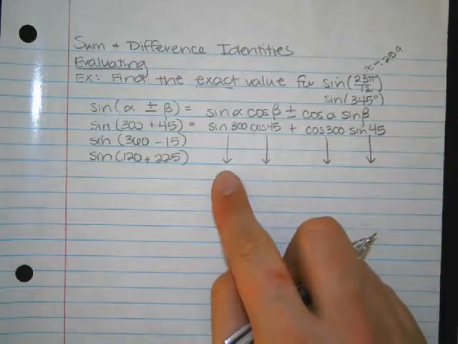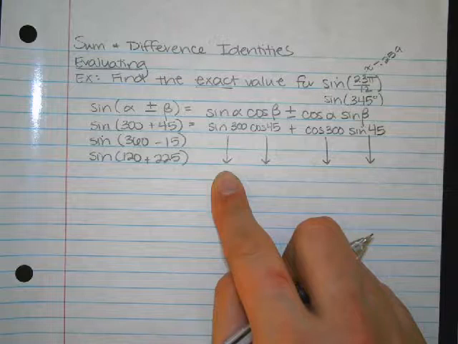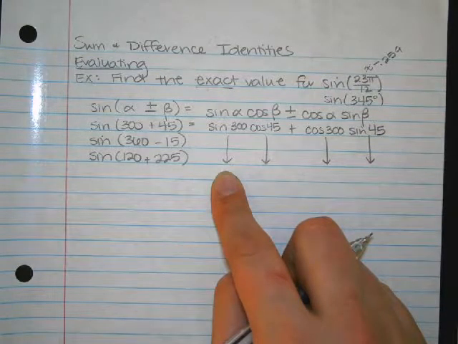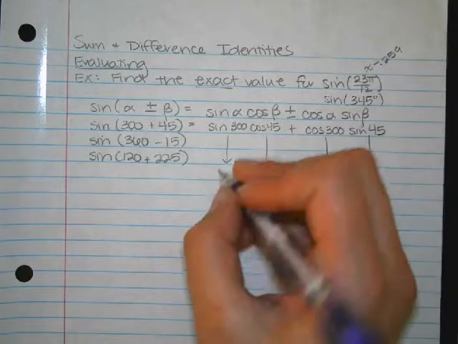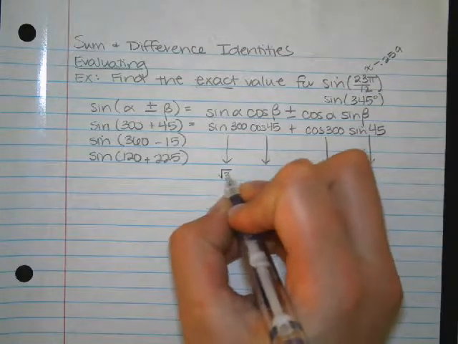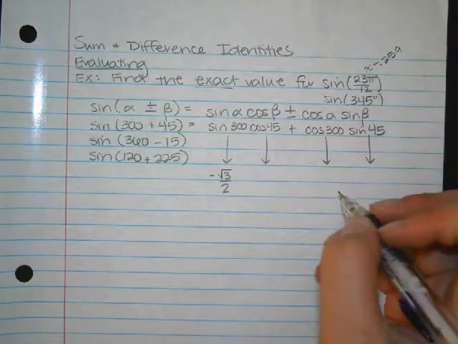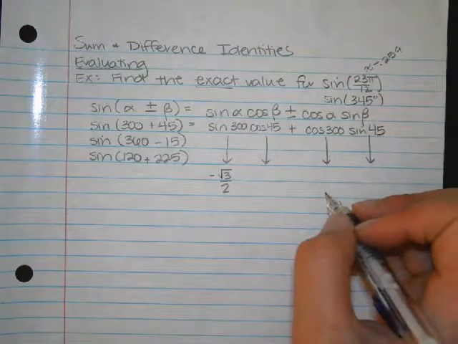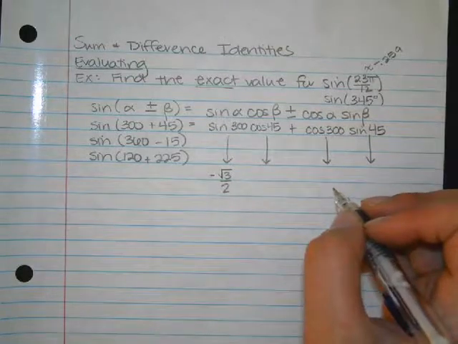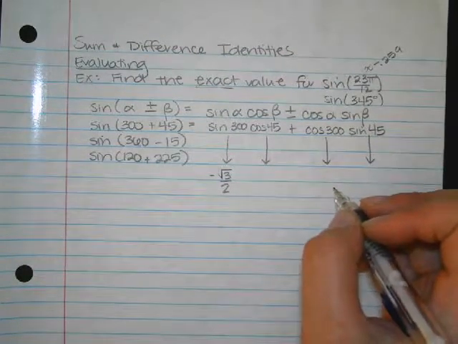So if you look at your unit circle, sine of 300 is the y coordinate at 300. Negative square root 3 over 2. Or 5 pi thirds. Okay.